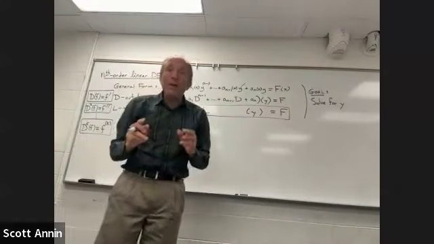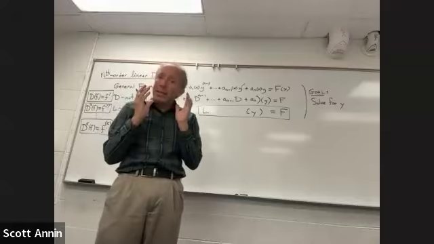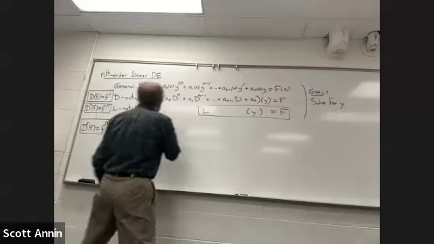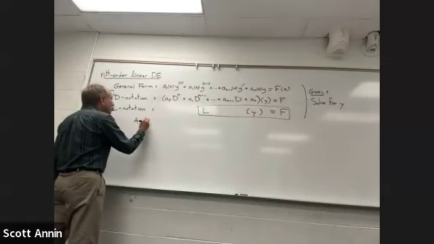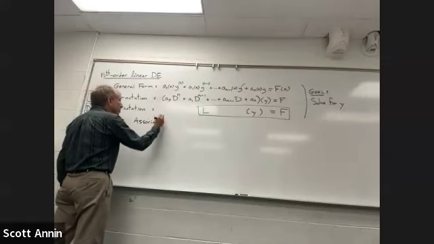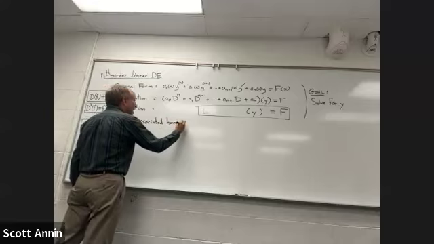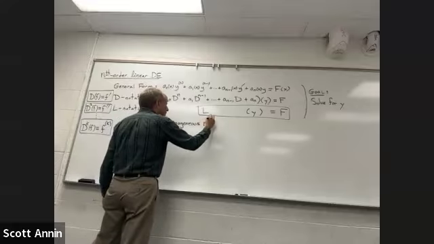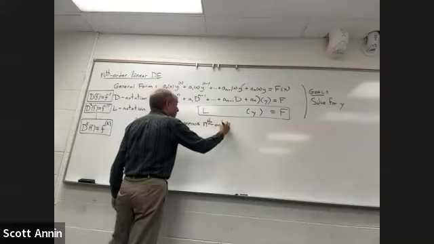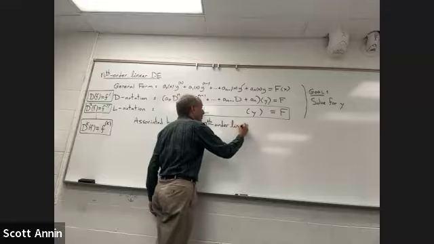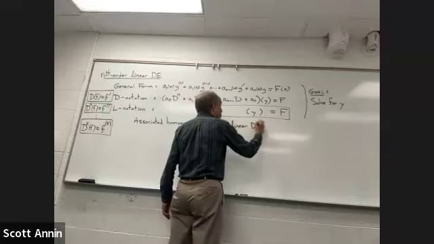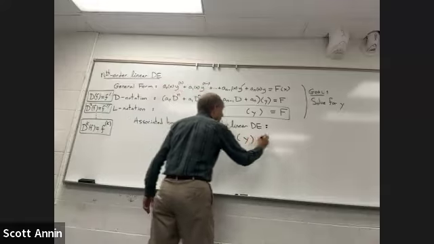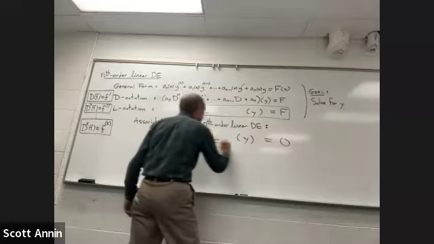It turns out, though, that the first step, and really the easier thing to do, is to consider the associated homogeneous differential equation first. So let me write that down. The associated homogeneous nth order linear differential equation would simply be L of y equals 0.